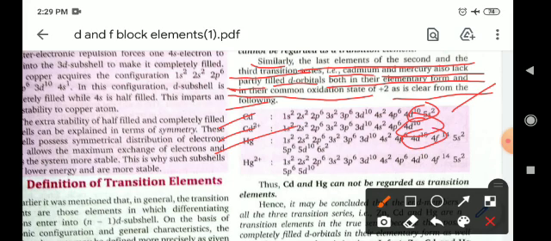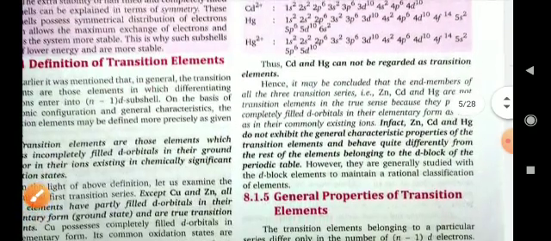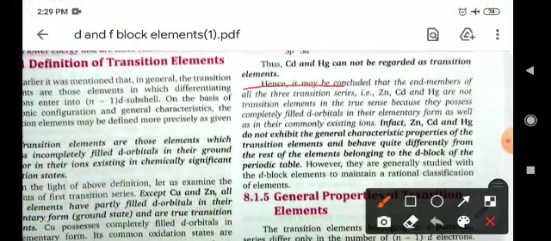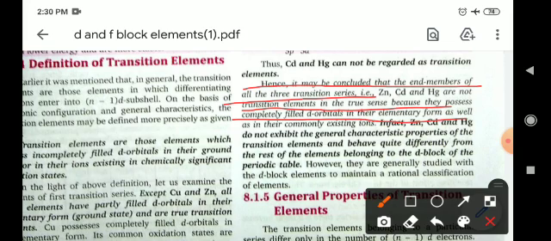Mercury, the d orbital has 10 electrons; mercury 2+ ion, the d orbital has 10 electrons. So they are also not regarded as transition elements. Hence it may be concluded that the end members of all three transition series, meaning zinc, cadmium and mercury, are not transition elements in the true sense, because they possess completely filled d orbitals in their elementary form as well as in their commonly existing ions.